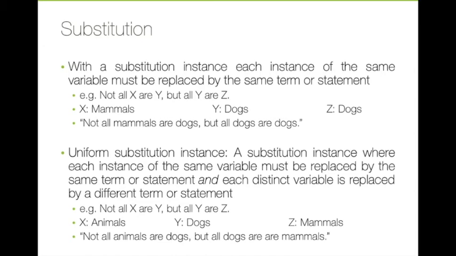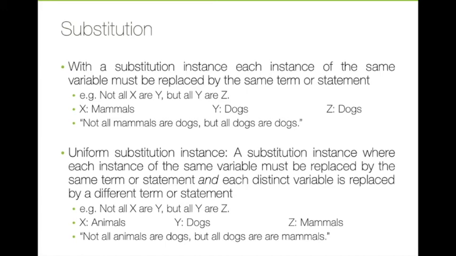Not all X are Y, but all Y are Z. We can replace X with mammals, Y with dogs, and Z with dogs. What matters for a substitution instance is that every X is replaced with mammals, every Y is replaced with dogs, and every Z is replaced with dogs. So not all mammals are dogs, but all dogs are dogs, is a substitution instance of the form above.